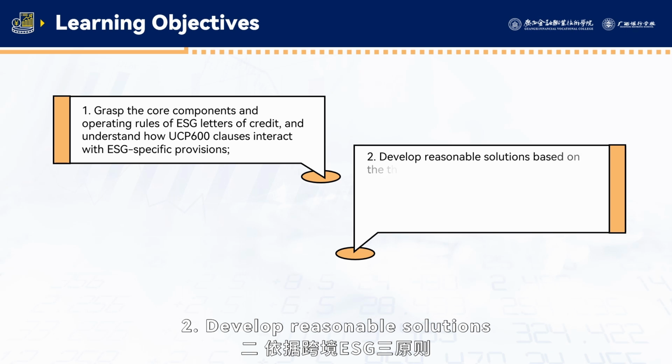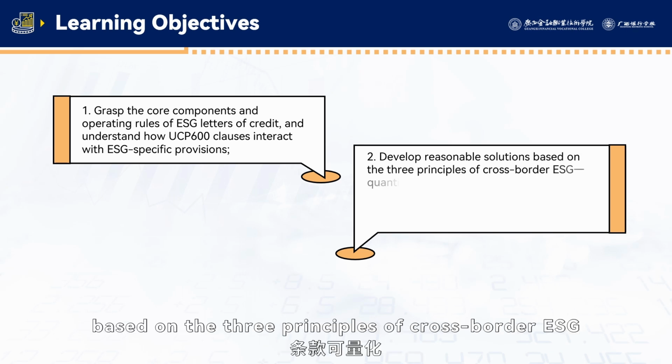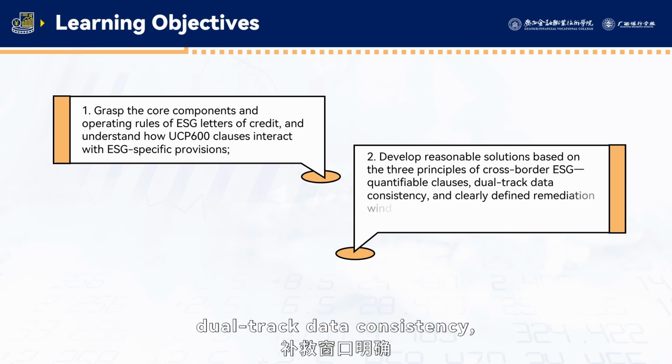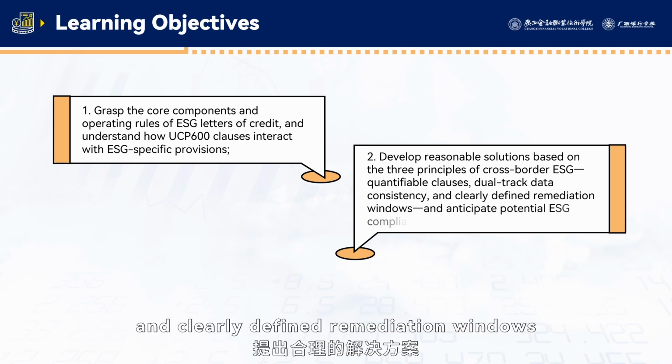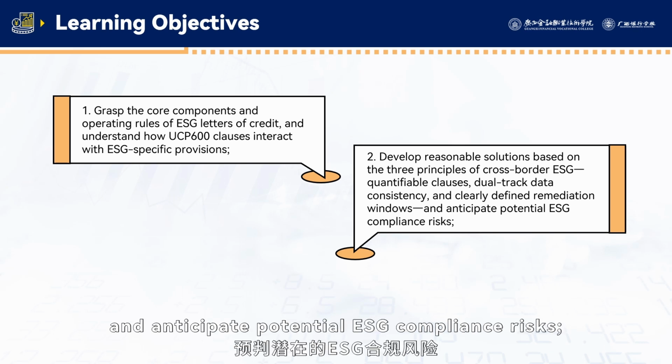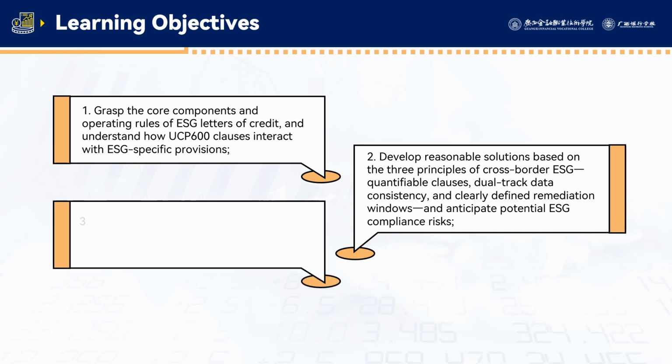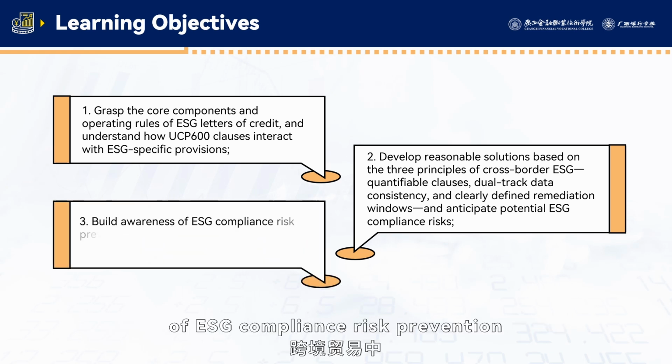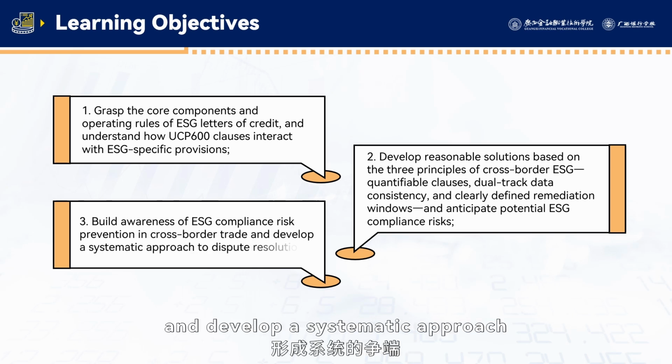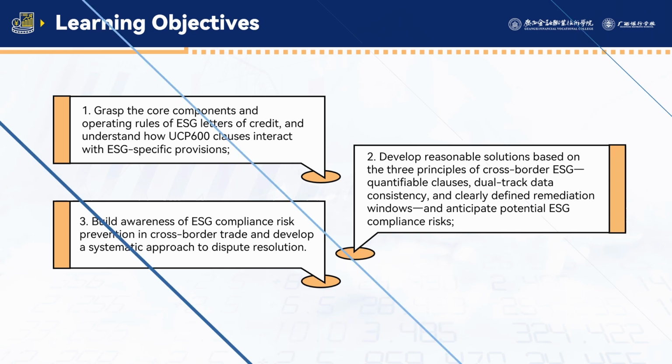Develop reasonable solutions based on the 3 principles of cross-border ESG quantifiable clauses: dual-track data consistency and clearly defined remediation windows, and anticipate potential ESG compliance risks. 3. Build awareness of ESG compliance risk prevention in cross-border trade and develop a systematic approach to dispute resolution.